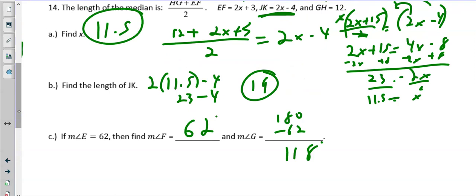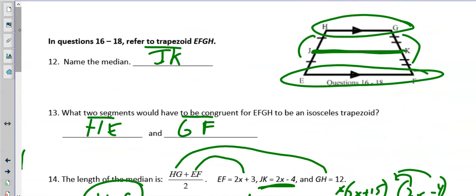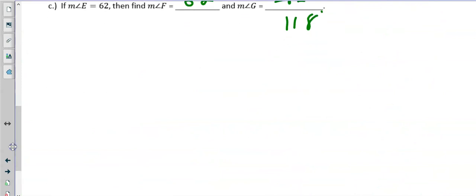But still, one from each base does make 180. Okay? So it's not all consecutive angles, it's just the consecutive angles on the legs. Because obviously, if the top ones are both 118, they're not going to add to 180. So the consecutive angles on the legs are supplementary. And that's it.